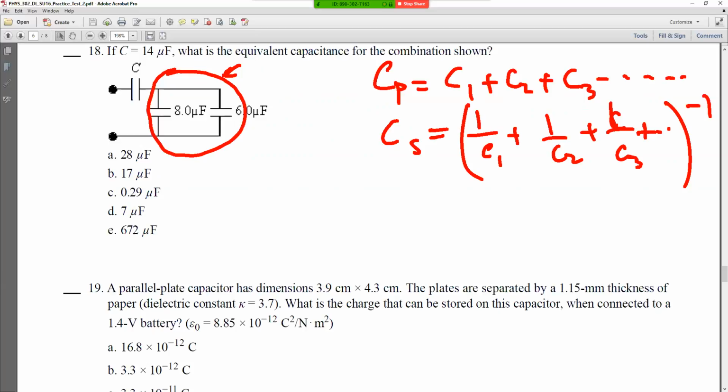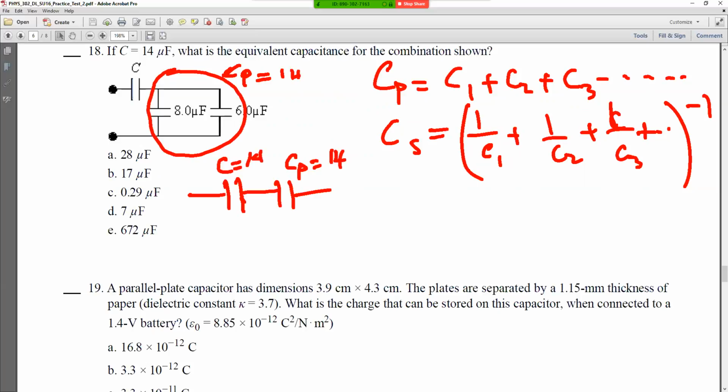So this is parallel. So 8 plus 6 is 14. And then when you combine these two, you're going to have something like this. And so you have C, which is 14, and then you have the other C parallel, which is also 14.